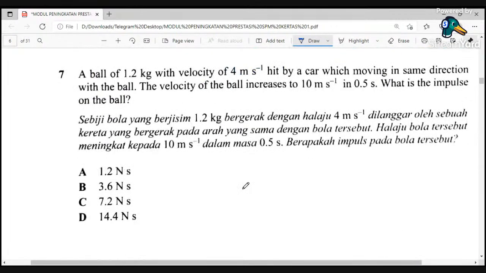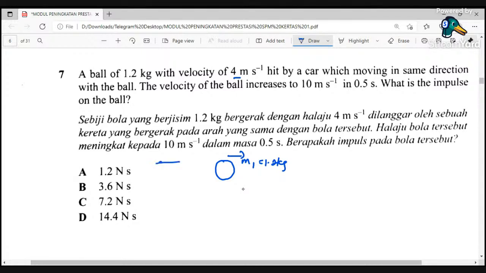Number 7. A ball of 1.2 kilogram with velocity 4 is hit by a car moving in the same direction as the ball. Velocity increases to 10 in 0.5 second. What is the impulse on the ball? Okay, there are two objects here. m1 is 1.2 kilogram, hit by a car.